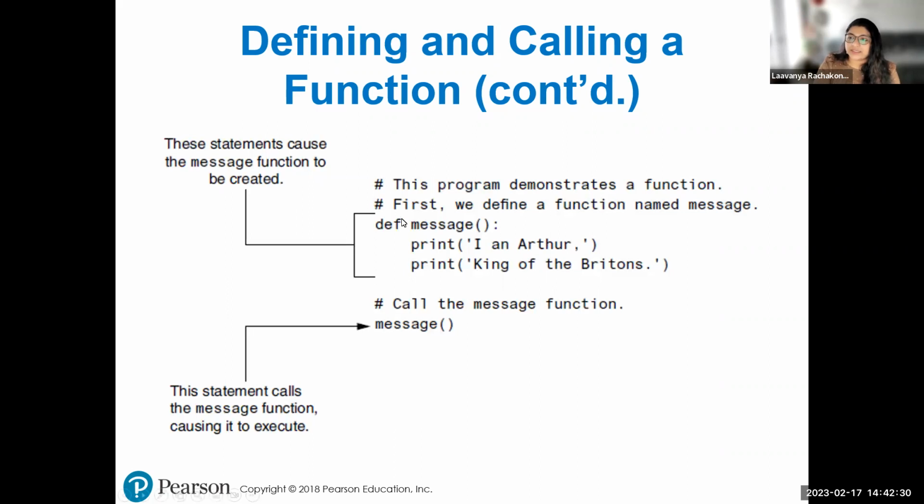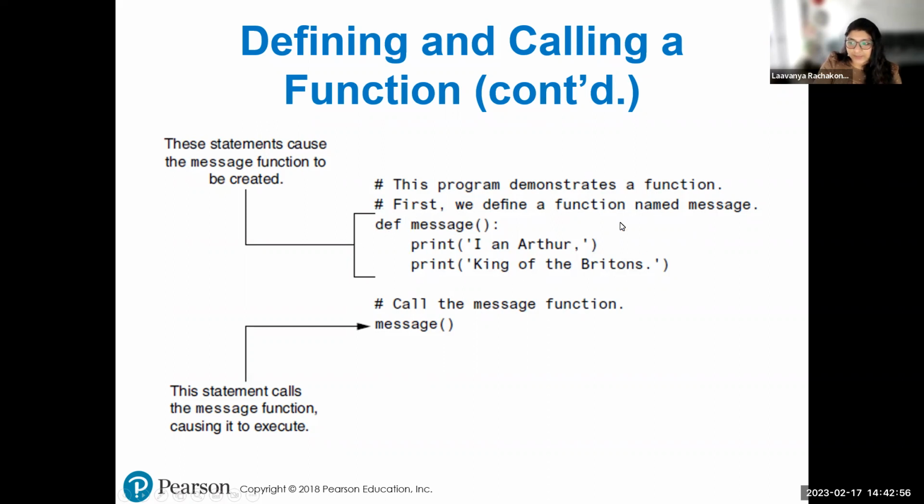Let's take this example here. This program demonstrates a function. First, we are defining a function named message. For that, you use the keyword def, then message, which is the name of the function, open and close parenthesis, colon, and inside the block of this message function are only two statements: print I'm Arthur, and print King of Britons.